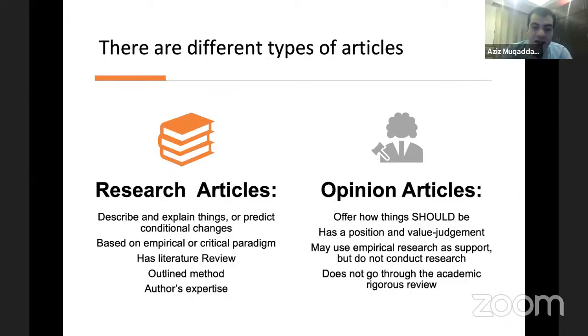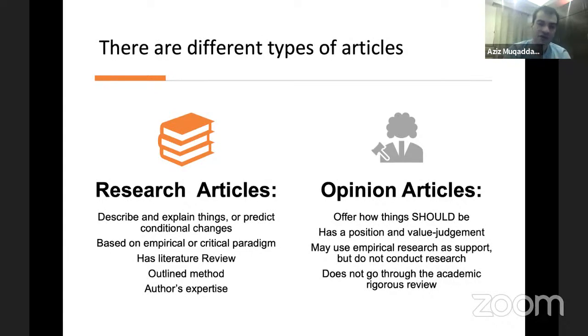Opinion articles, on the other hand, which I think most of you are familiar with, are meant to show how things should be from the point of view of the author. With an opinion article, usually you don't collect data by yourself. You already have a position towards a topic. You might have the position that people should reduce their time spent on social media apps. You took that position, and then you would use whatever research you find to support that argument.